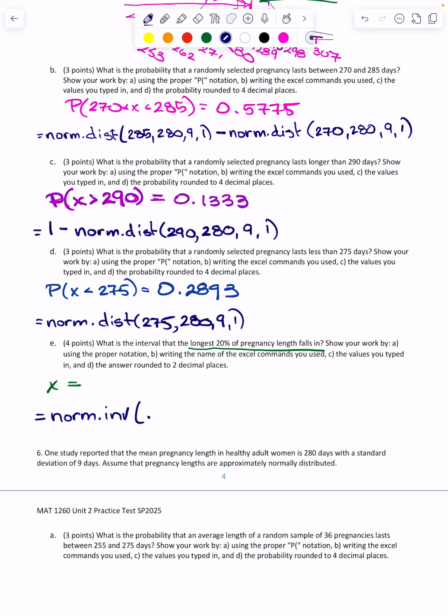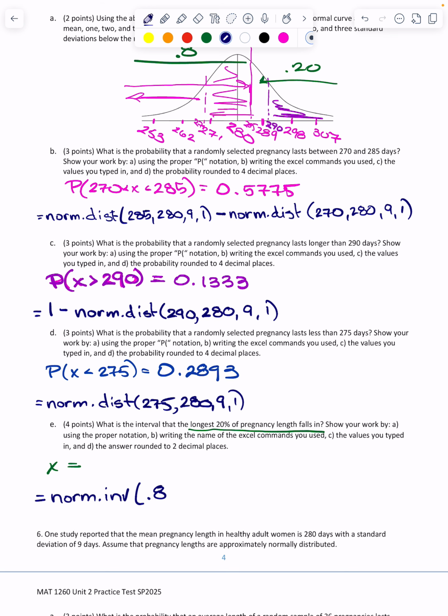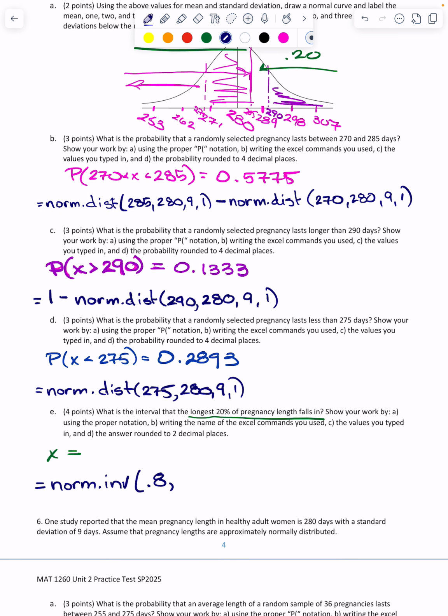Norm.inverse is going to give us the value if we have the probability. Again, I'm using 0.8 because it's to the left. It is going to ask for my mean. It is going to ask for my standard deviation. So this asks for the probability, the mean, and the standard deviation.